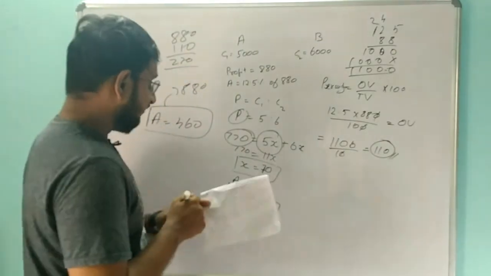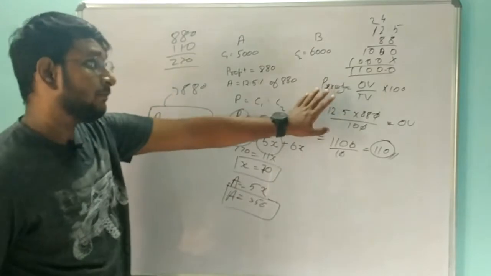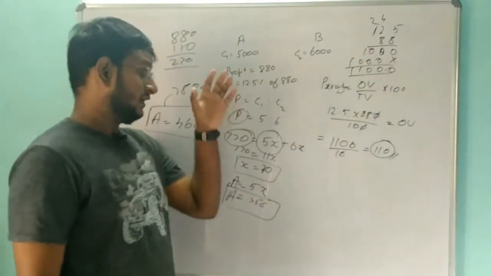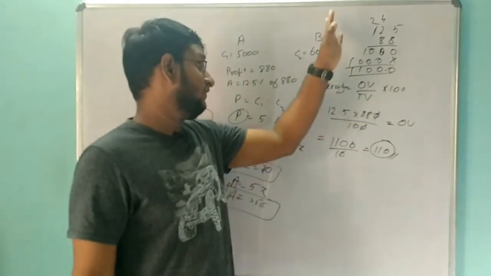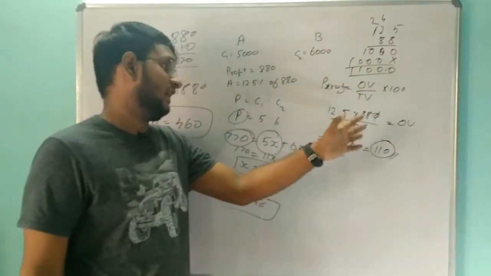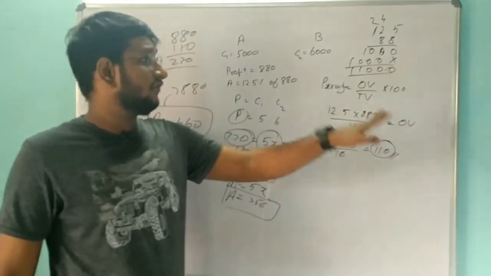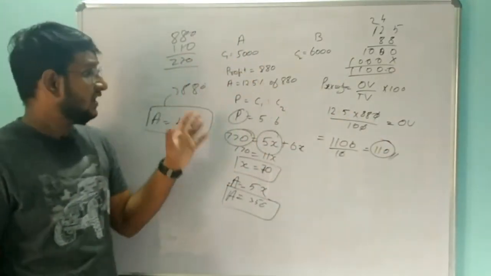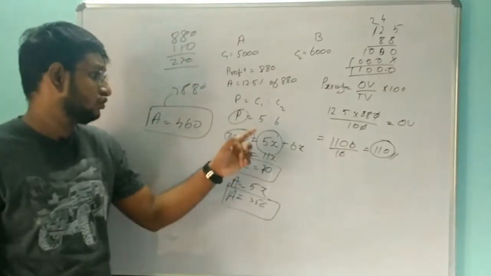So this is one of the difficult sums because we need to know the percentage formula and how to apply it. The important thing that we need to keep in mind is that we need to subtract that value, 110, from 880, so that we get 770, and we divide that in the ratio of 5:6.